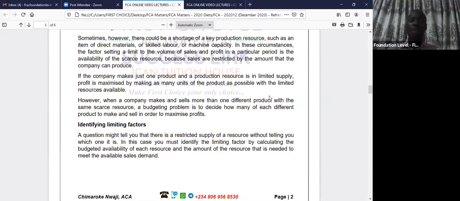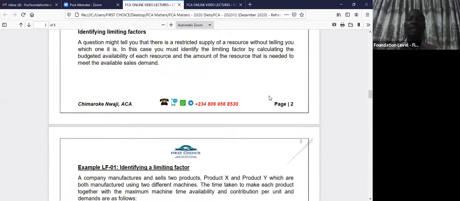What will you do? First of all, you need to bring out the demand. Look at the demand that is placed before you, maybe your sales demand. If your customers are asking you for 20 units of X, 50 units of Y, look at the available materials. Maybe they give you materials restricted to so and so amount. Look at how much material I can use to satisfy my demand. If they ask me to do 20 units of X, how much material quantity should I use to produce X?